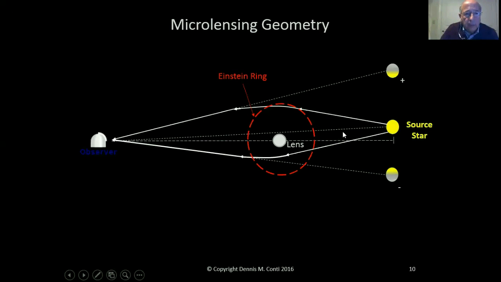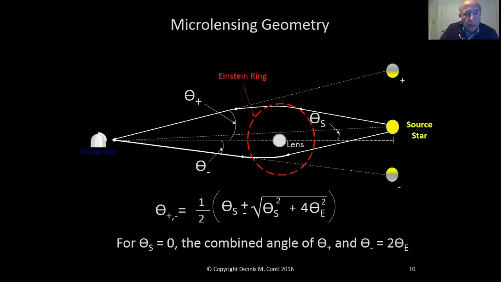Then if we take the angle between our line from the observer to the lens and this other image, here is the plus version of that, and here is the minus version of it. Each of those angles is given by this formula.